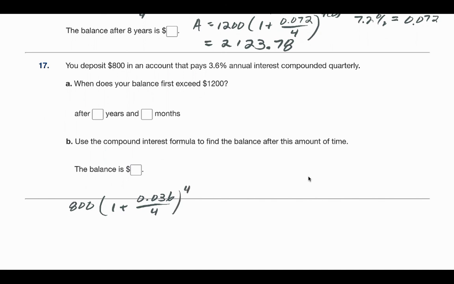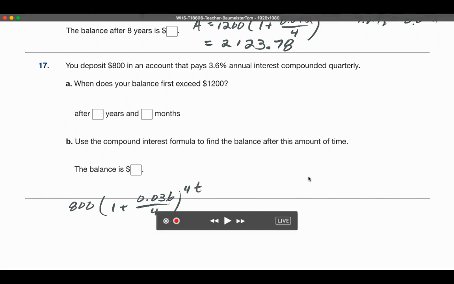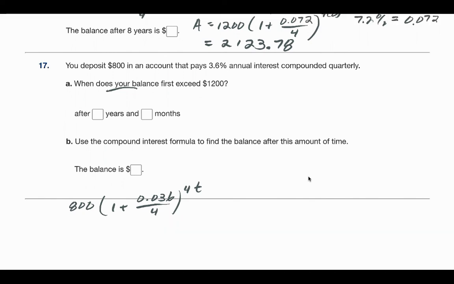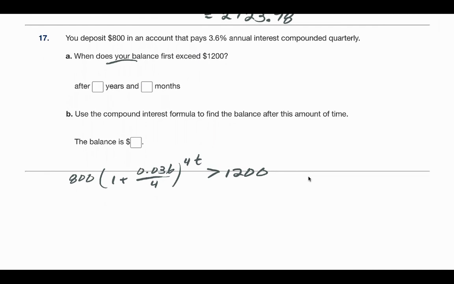And this time we don't know what t is. That's what they're asking us. At what time does our balance exceed $1,200? So again, we want to know when it's going to be greater than $1,200. All right. So if I take that, I'll get 800.